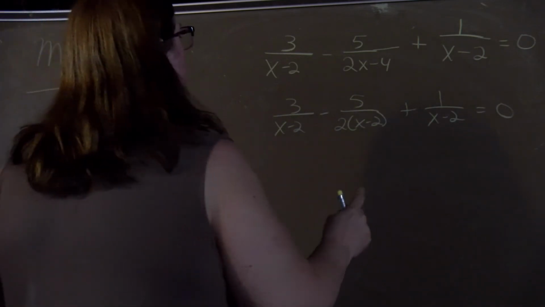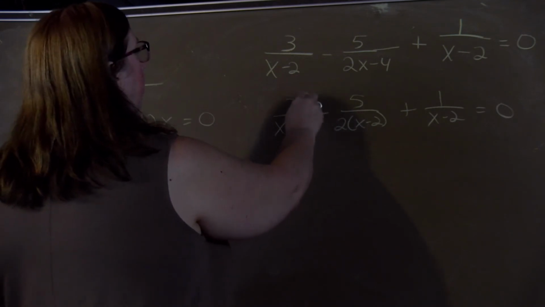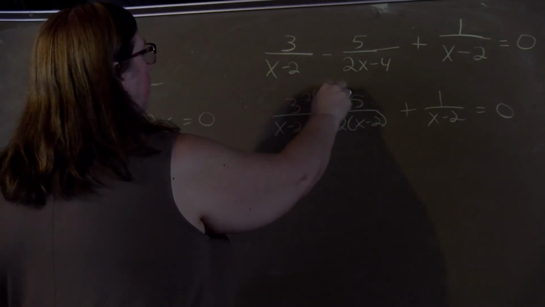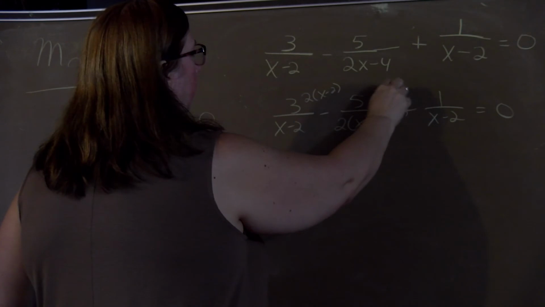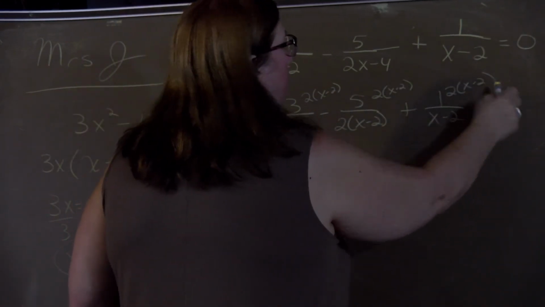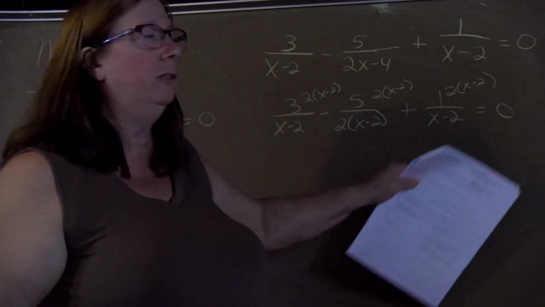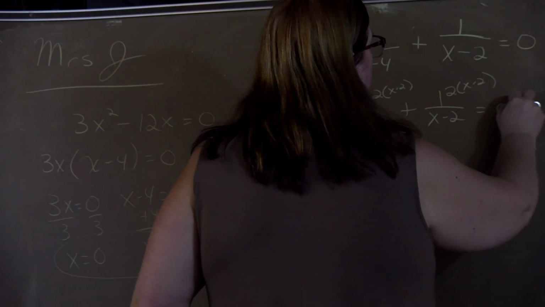And in this case, there's x minus 2's in all of them, and then there's this 2. So we want to multiply by 2 times x minus 2. Now 0, of course, is just going to be 0, but if there was another number there, you'd need to multiply it by it.